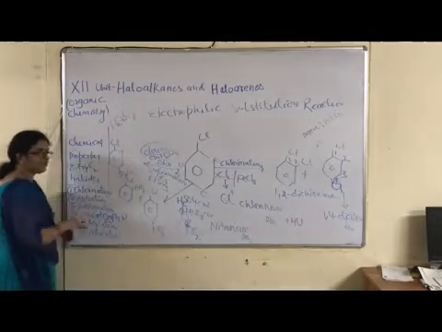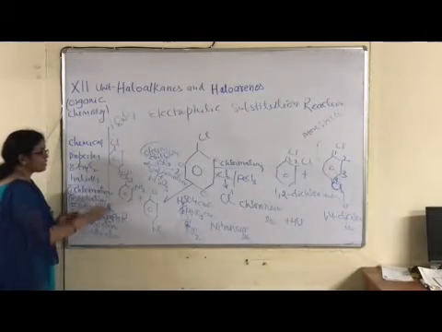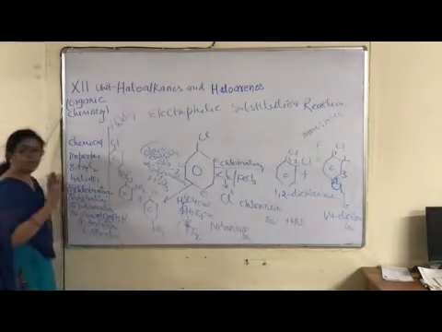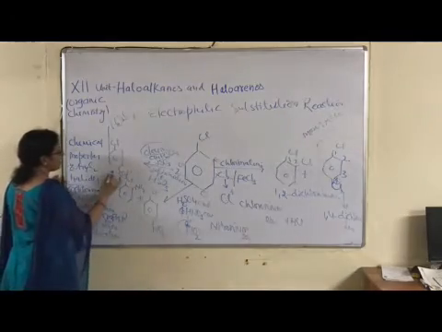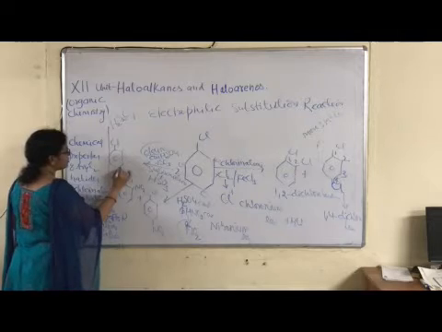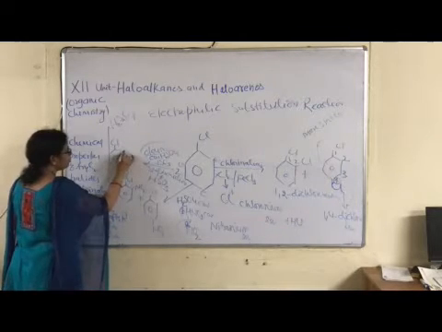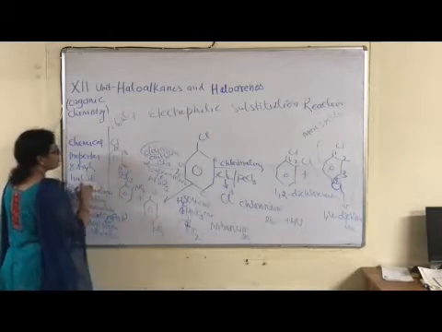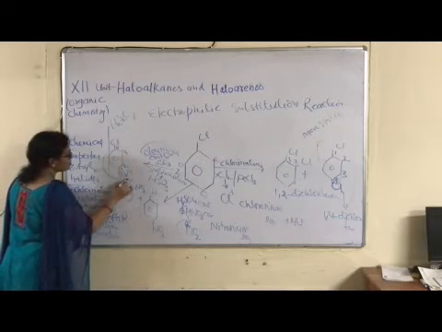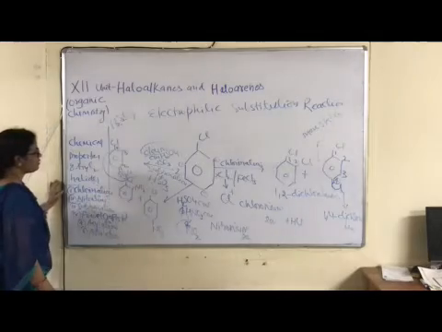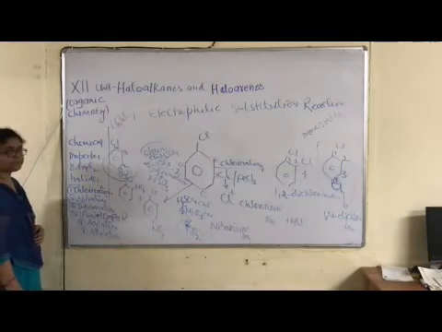If O is attached, then it is a wrong attachment, right? So always take care of this attachment. Now, which group is the principal group? Sulfonic. The IUPAC name of this product is 4-chlorobenzenesulfonic acid. Only this part is benzenesulfonic acid.